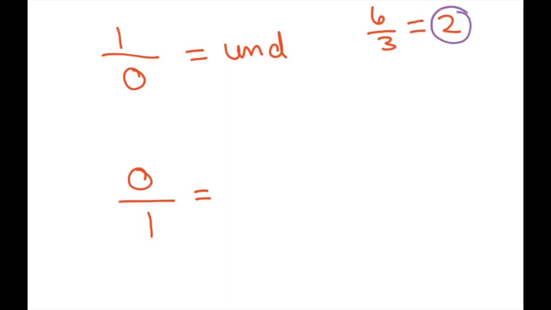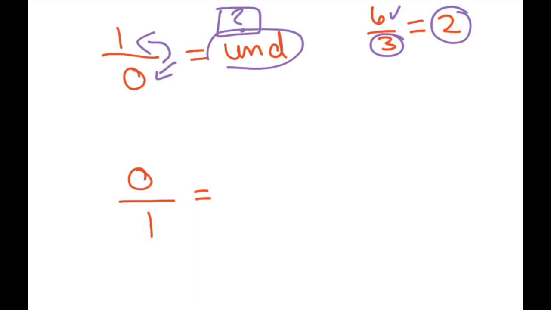We could say 2 times 3 equals 6. Well, there's nothing here we can put to multiply by 0 to get to 1. So that's why it's undefined. And then, of course, 0 divided by 1 is 0, because 0 times 1 is 0.